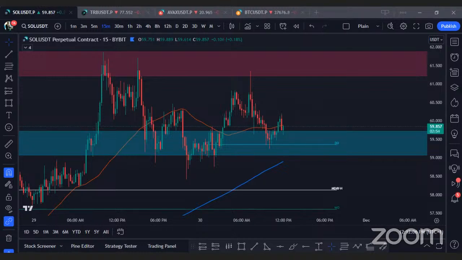Are you not seeing the chat on the Zoom? Yeah, don't worry. I'll repost it so you can check it out on Telegram, sorry.